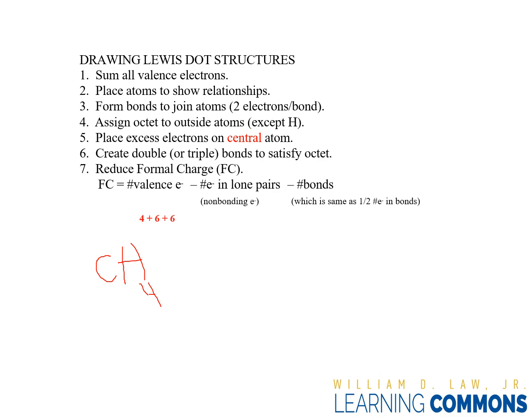The valence electron for hydrogen is 1, but I have 4 hydrogens, so 1 multiplied by 4 is 4. And the valence electron of carbon is 4. If you don't know how to find the valence electrons, we have to go to the electron configuration, and you will figure out the valence electrons for carbon.